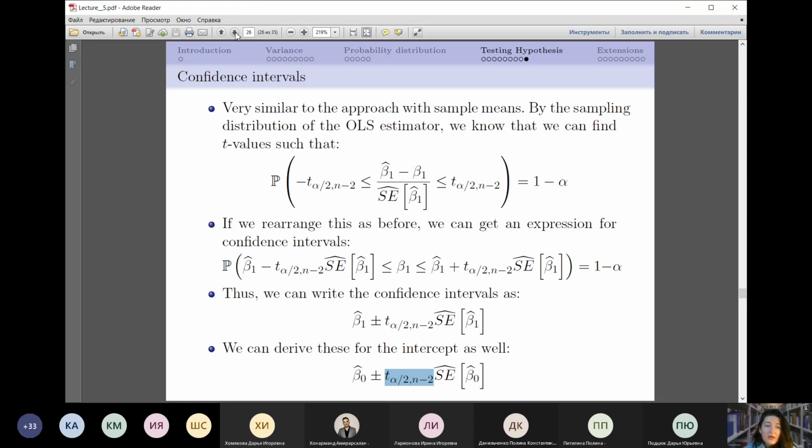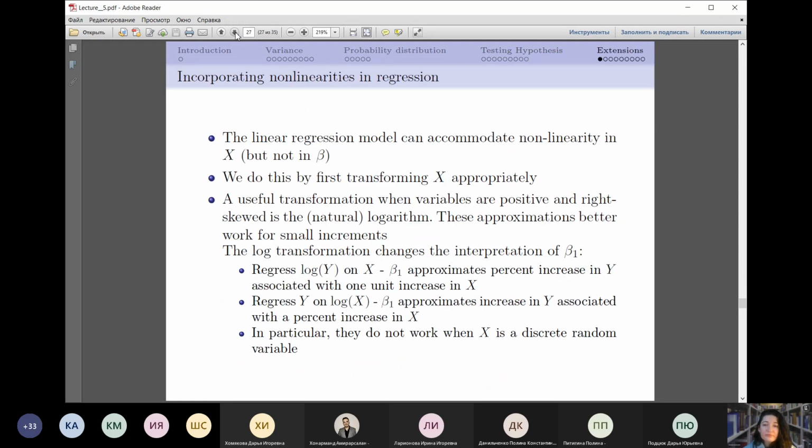Okay, anyway, let's move to our extensions. So that's the discussion about interval estimation and testing hypotheses.